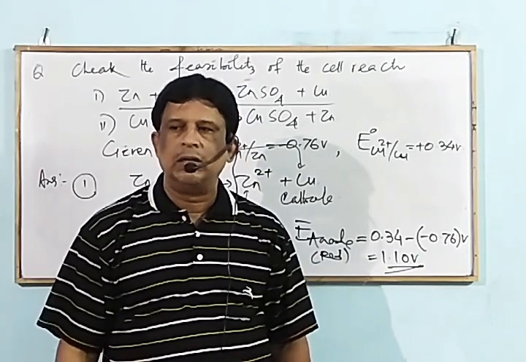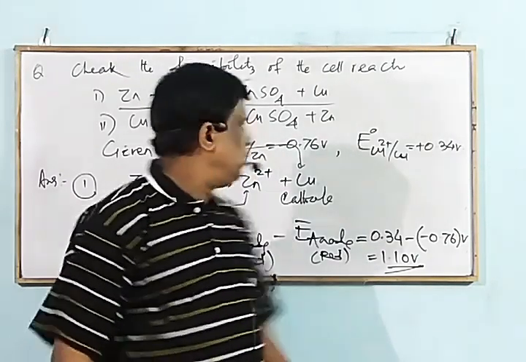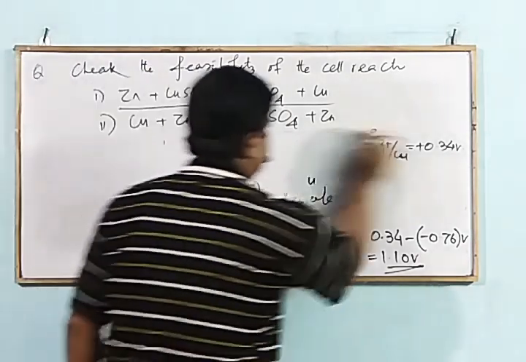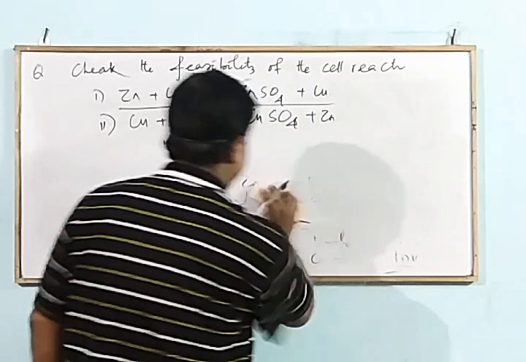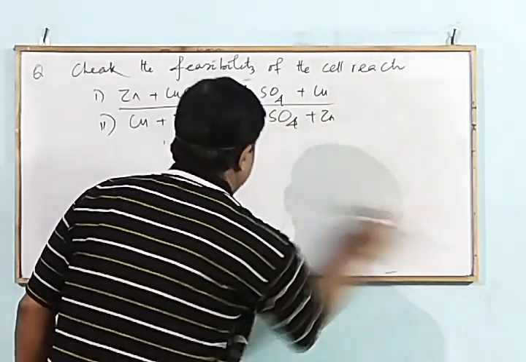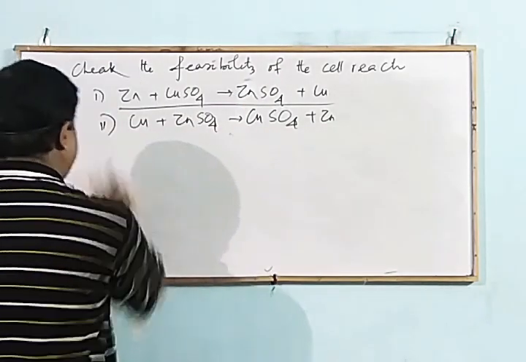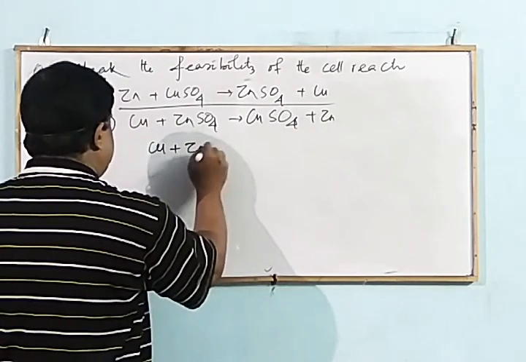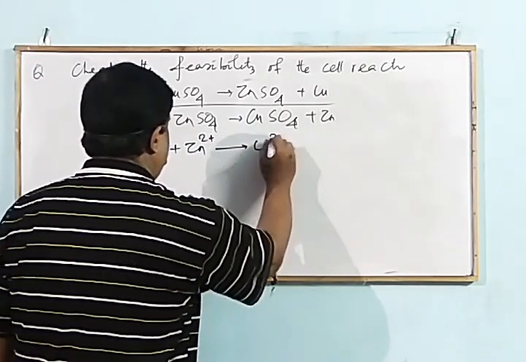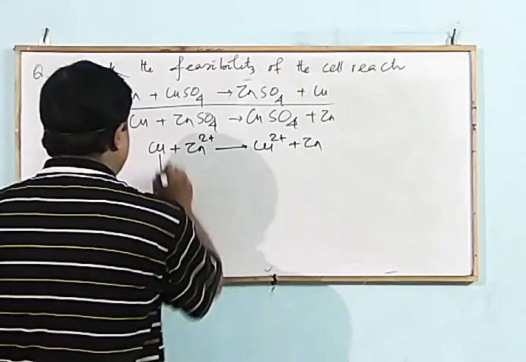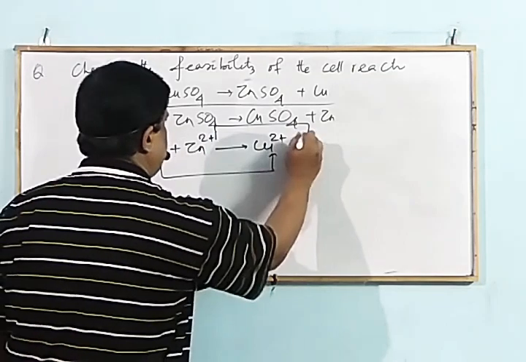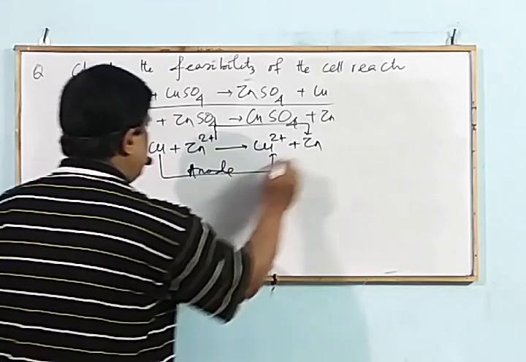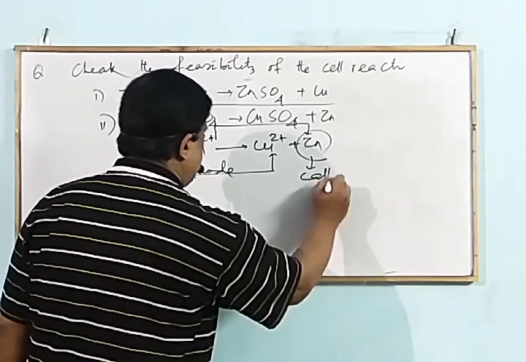On the other hand, move to the second one. From the second reaction, the cell reaction may be represented as copper plus zinc ion give rise to copper ion plus zinc. Here oxidation takes place at copper and reduction at zinc. So copper behaves as anode while zinc behaves as cathode.